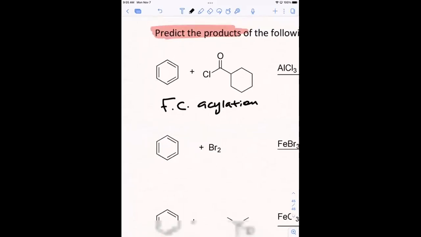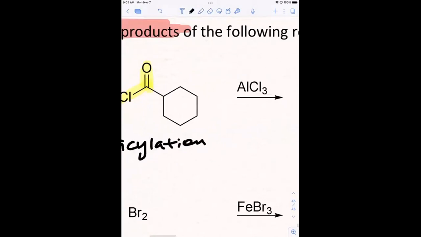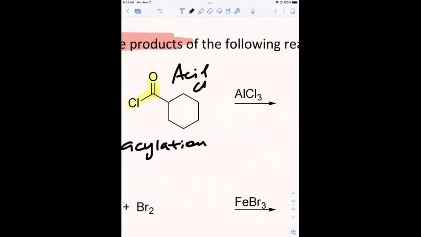If you remember when we first started talking about this functional group right here, the carbonyl functional group, well, the acid chloride is the starting material.